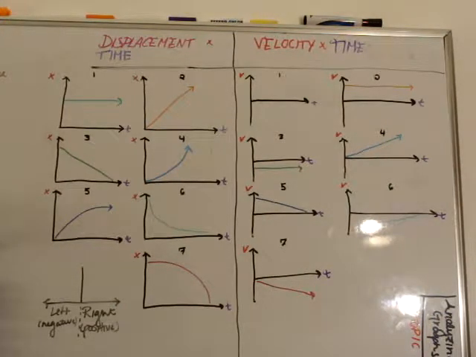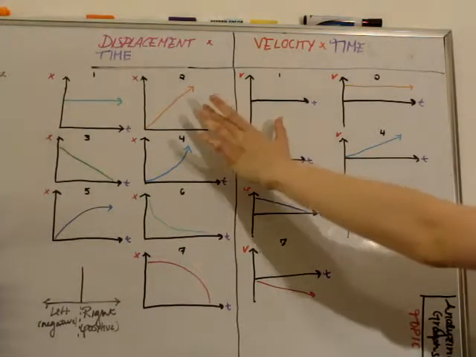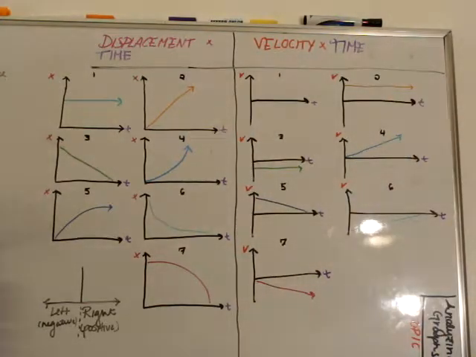Looking at graphs number 2, this one and this one, they both represent an object moving at a constant velocity in the positive direction. And what I mean by positive direction, you can choose which direction you want to be positive. I'm going to go with right being positive and left being negative.